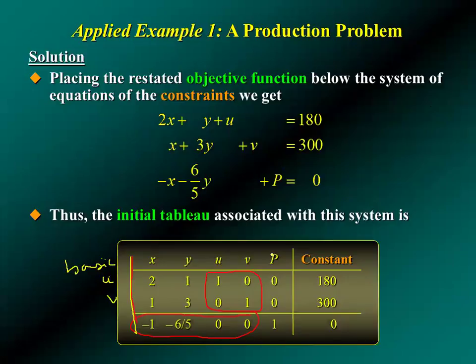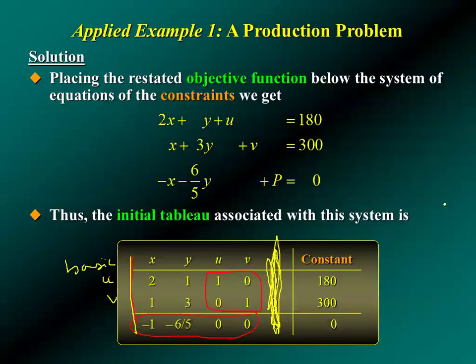Now, P, as I'm saying, just ignore this column. That actually is not at all useful. We don't need this column at all. You'll see why. Now, in the current solution, the current basic variables are u and v: u equals 180, v equals 300.